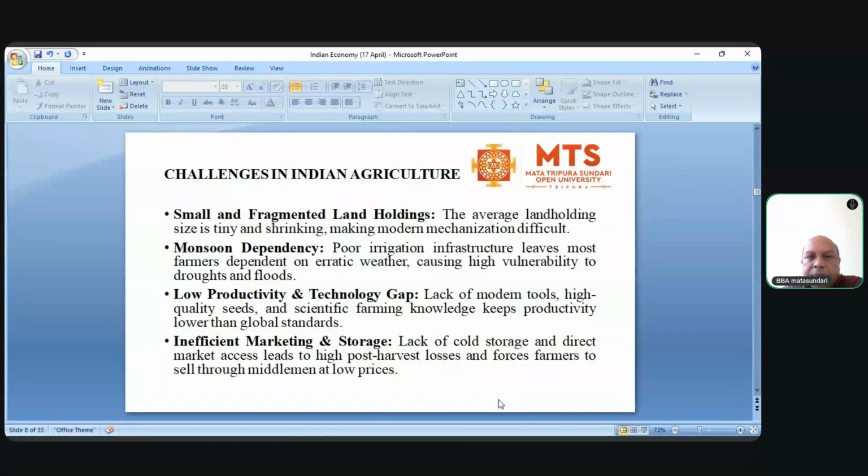In India, farmers do not have large amount of land, and land is also distributed among farmers in such a way that land area is declining day by day, and in small plot or small area of paddy land, modern cultivation cannot be used. Farmers cannot use tractors and other machines in small holdings, small area of land.